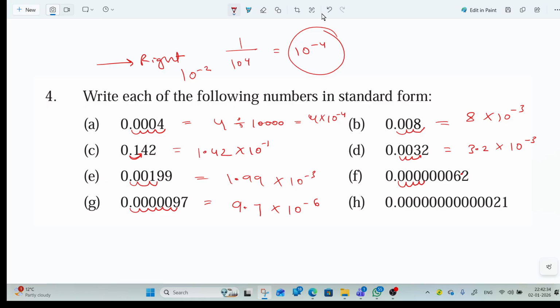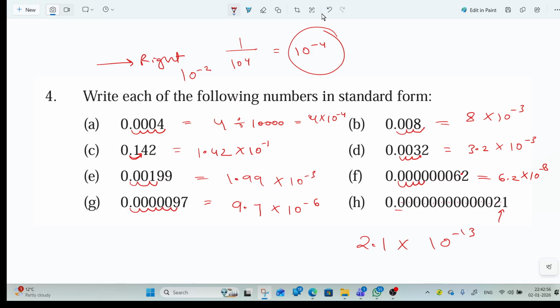Here you need to put the decimal. 6.2 times 10 to the power negative 8. In this one you need to put the decimal here, so you get 2.1 times 10 to the power negative 13, after counting 1 through 13.